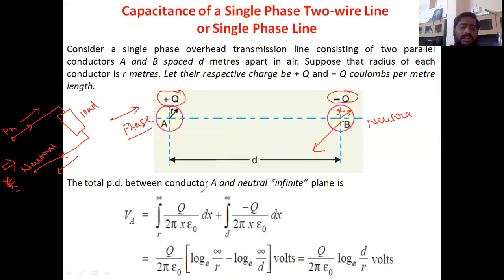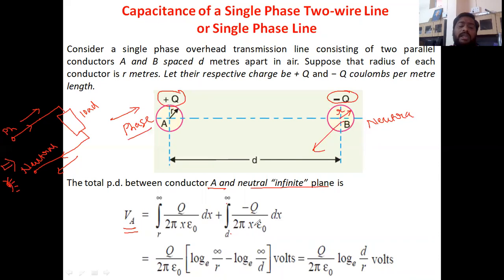Then the total potential difference between conductor A and the neutral infinite plane is given by, because we need to consider the effect of the charge on conductor B, VA equals integration from r to infinity of q upon 2 pi x epsilon 0 according to the first formula, plus integration from d to infinity, because the distance from conductor B to A is d to infinity, of minus q upon 2 pi x epsilon 0 dx, where q upon 2 pi epsilon 0 is a constant: log e infinity by r minus log e infinity by d.